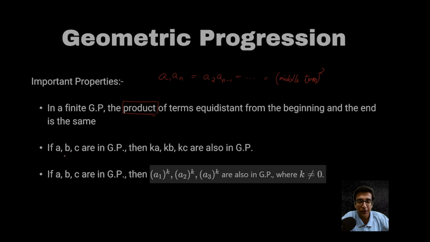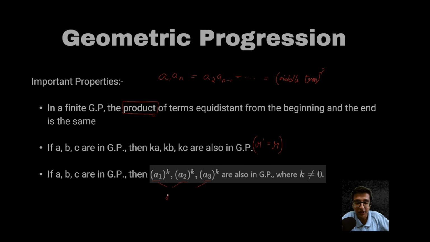Another important property, if A, B, C are in GP, then KA, KB, KC are also in GP, and the common ratio R dash of the new GP formed would remain the same. There would be no changes in the common ratio. And then another property, if we were to take K to the power of each and every term, then that sequence would still remain a GP.